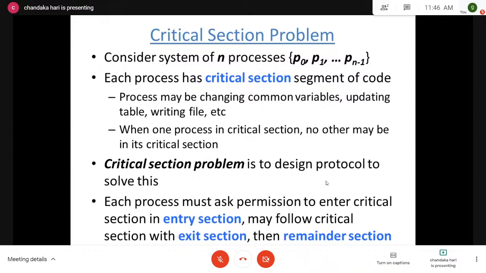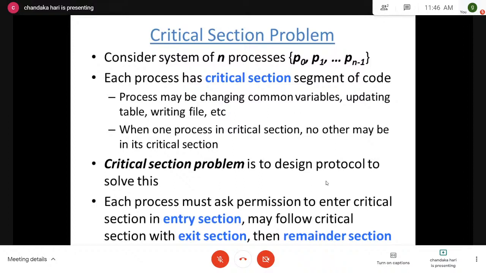Whereas in the remainder section, executing such instructions does not affect any common resources. And the very important thing is that if any process is executing in its critical section, no other process is allowed to execute in its critical section, so only one process at a time.